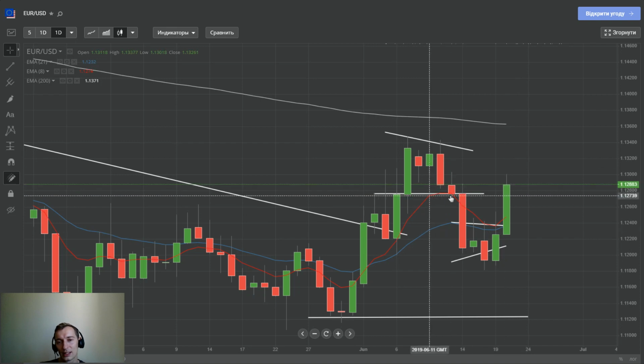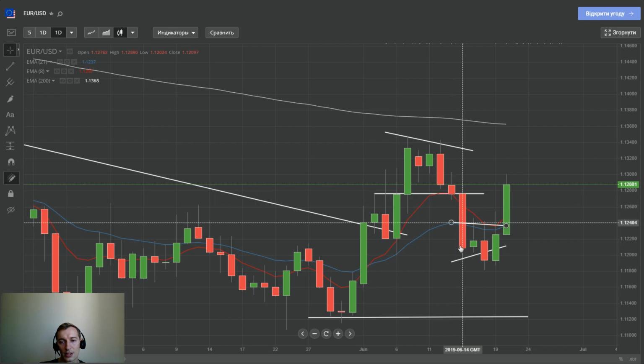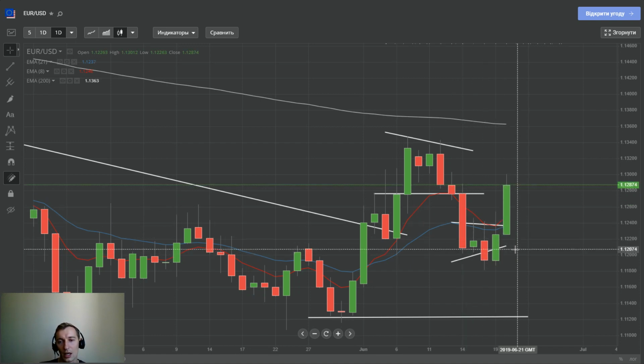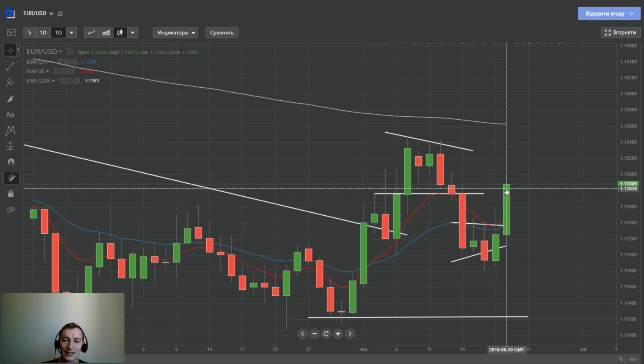I expected to see some power here, but we lost this upper level, we lost the 8 moving average, then we lost the 21 moving average. So I decided, okay, maybe we are still in a range bound market. And you know, guys, when you are in a range bound market, there is one rule you need to follow very strictly: avoid the middle. You can trade near resistance, you can trade near support, but in the middle it's kind of random.